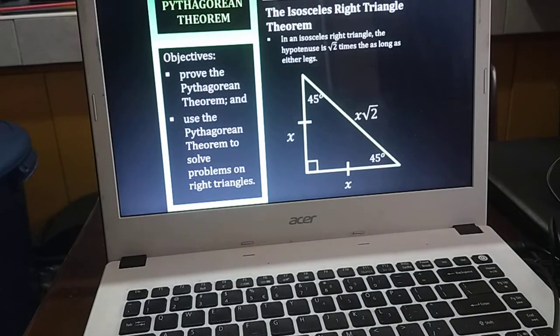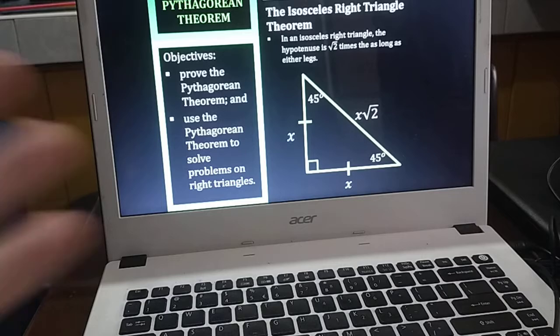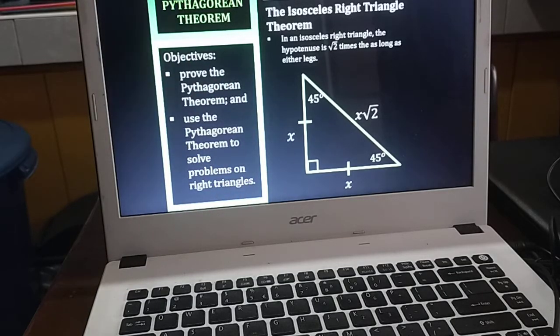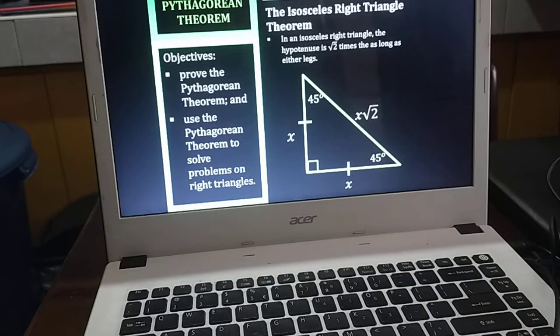The base angles are congruent if we rotate it, but since it is positioned like this, we cannot use that. Oh well. Okay, so more examples. Let's have some examples that will make this easier.